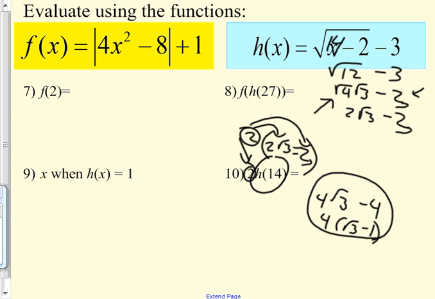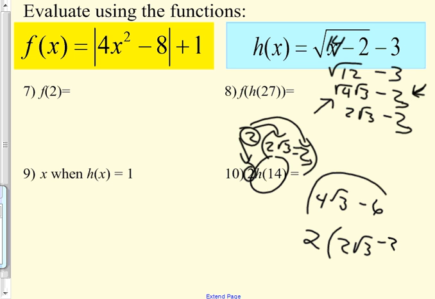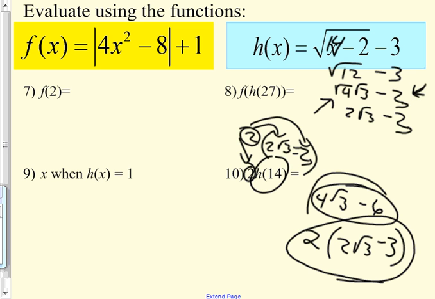And then 2 times minus 3 is minus 6. Sorry about that. Yep. And then 2 can come out of both of them. Sorry, I just miscopied this 3 and made a 3 into a 2 by accident. Okay, 2 comes out: 2 root 3 minus 3. I'd accept this or this as good answers for that one.